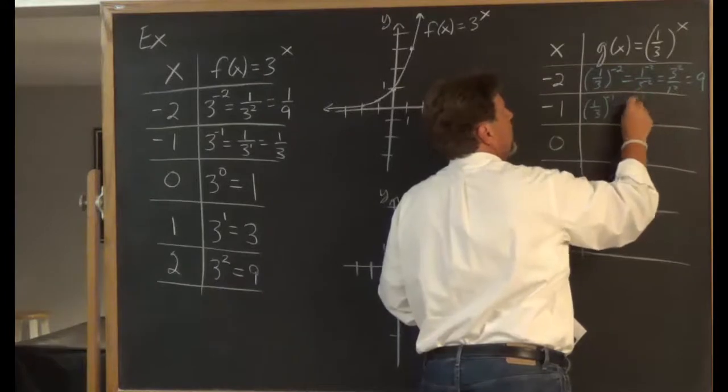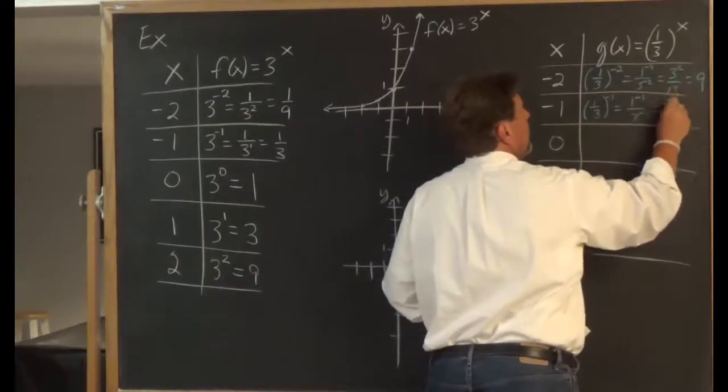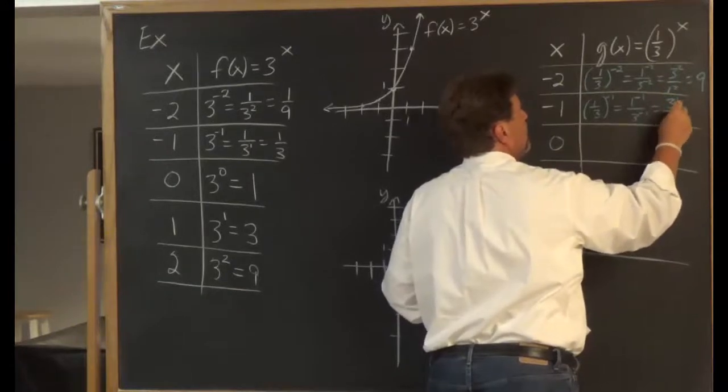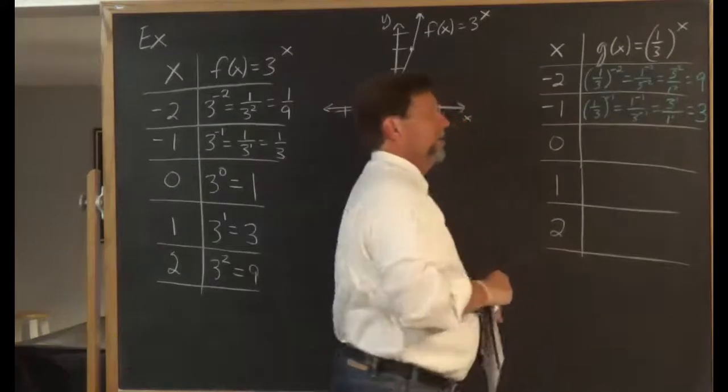That's 1 to the -1st over 3 to the -1st. Get rid of the negative exponents. It's 3 to the 1st over 1 to the 1st, which is 3.